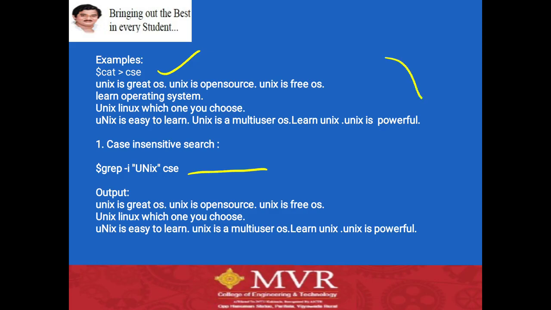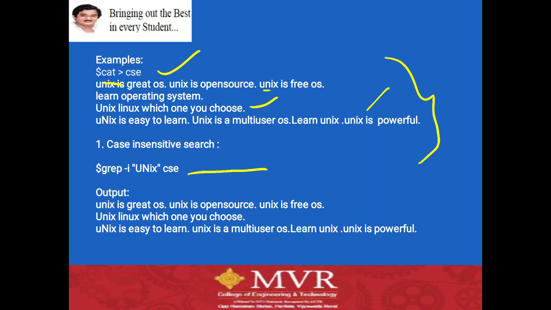If you observe the content here, we are ignoring the case. Therefore in the first line the word Unix is there, in two places Unix is available. Second line, no, there is no Unix word available. Third line, yes, Unix is there. Fourth line, yes, Unix is there.